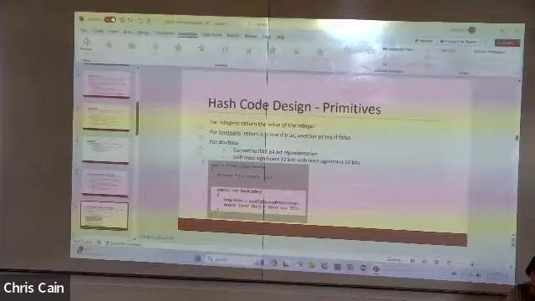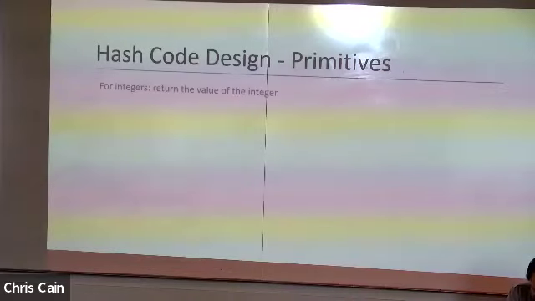Let's start going back over this at this level. For primitives, we talked about how for integers we don't really need a different hash code, because a hash code is just an integer, so for integers we're just going to return the value of the integer. There's not really anything better we could do for that.